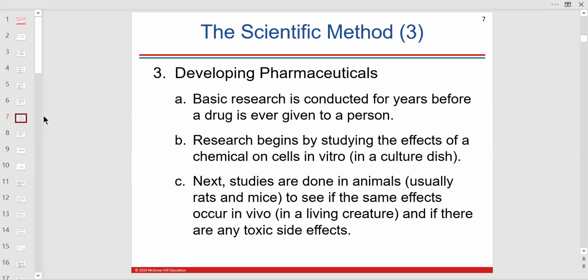You start again. And a lot of medications are found by accident. A lot of medications or chemicals that we use are found in nature. Like Viagra, right? Viagra is a drug used for erectile dysfunction. It's really about blood flow.